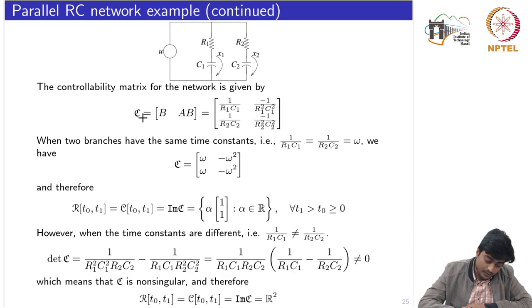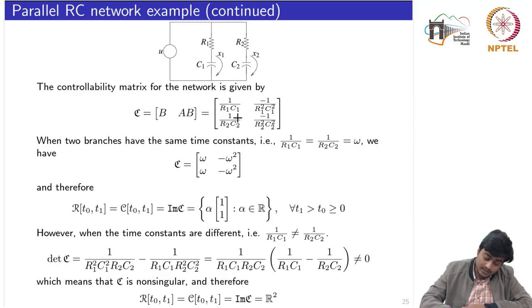So again, if we compute the controllability matrix for that particular example, we would obtain this. Those subspaces we computed when R1C1 is equal to R2C2.